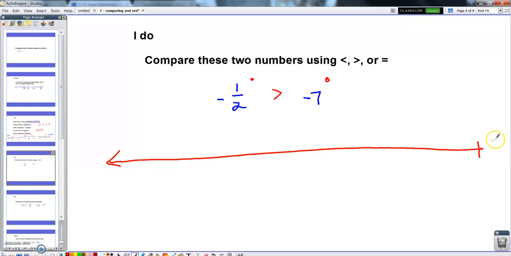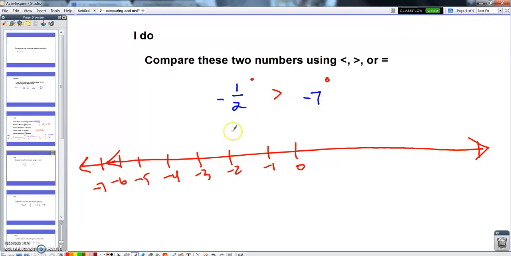And again, it's always easy to tell on a number line what's going on. -1, -2, -3, -4, -5, -6, -7. And if I put both of these points on the number line, -7's here, -1/2 is here, and very easy to tell.